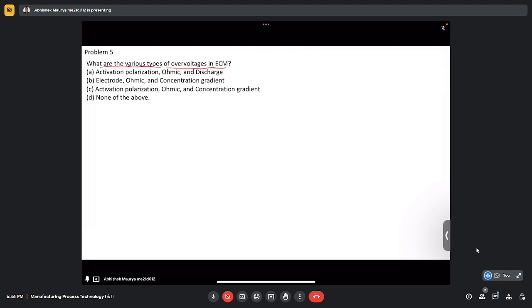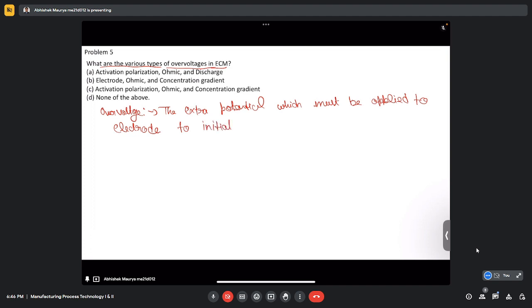Over voltage is the extra potential which must be applied between the electrodes to initiate the electrode reaction in an electrolytic cell.